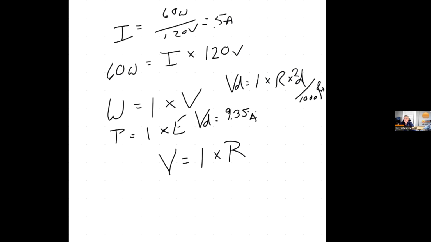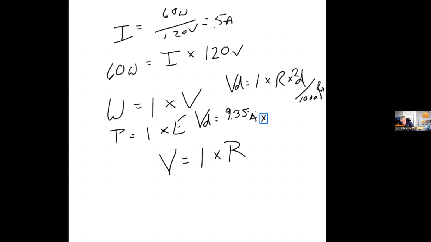And now I take the resistance. Well, where do I get my resistance number? The helpful thing that the National Electrical Code does is it publishes the resistance of all wire in a little table. And in your book, that table is on page 80-something, I think. I'll look in here.